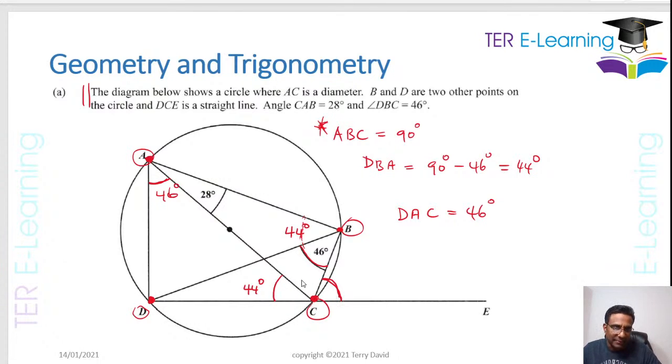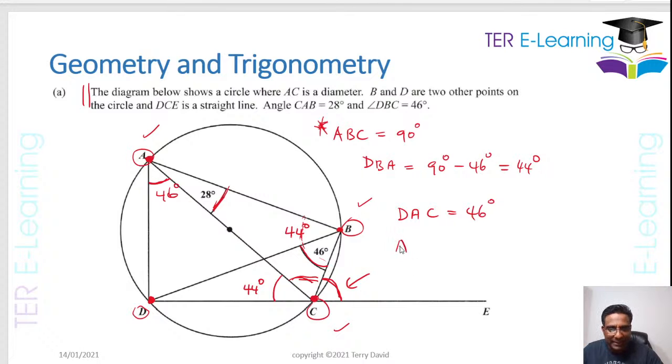So we're almost there. If I know what this angle is here, I can easily figure out this one, which is what I want to find. And you can't do that directly because look, you have a triangle here, triangle A, B, C. You know this is 28. You know this whole angle here is 90 degrees. So therefore I can figure out this angle here. Let's find ACB.